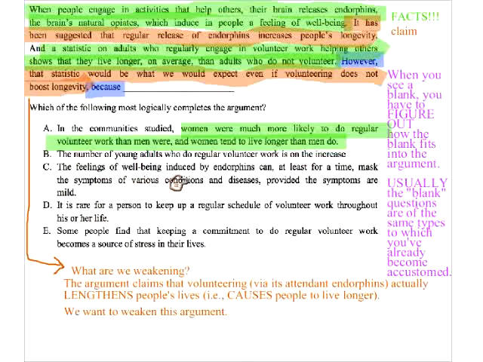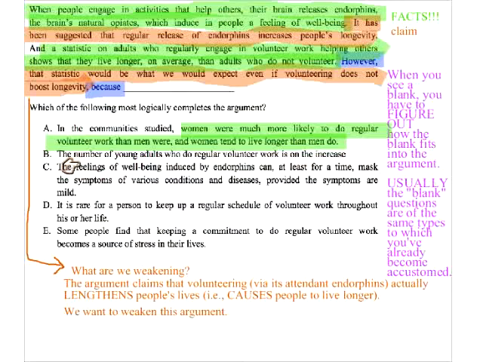C is basically trying to say that these endorphins are masking the symptoms, which, in other words, is trying to explain why the endorphins might lengthen your life.